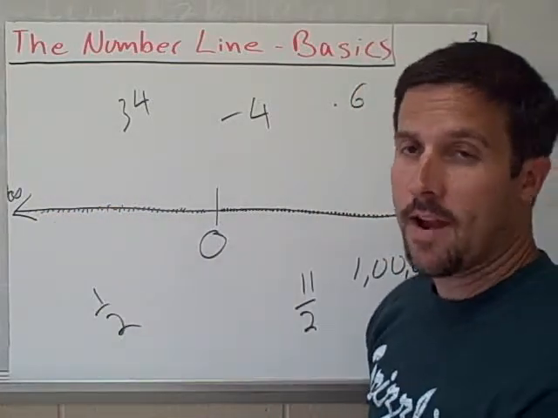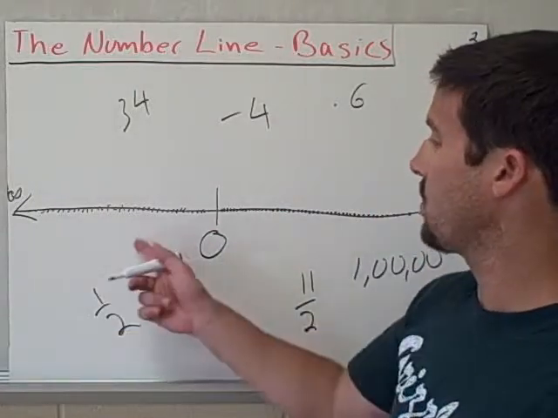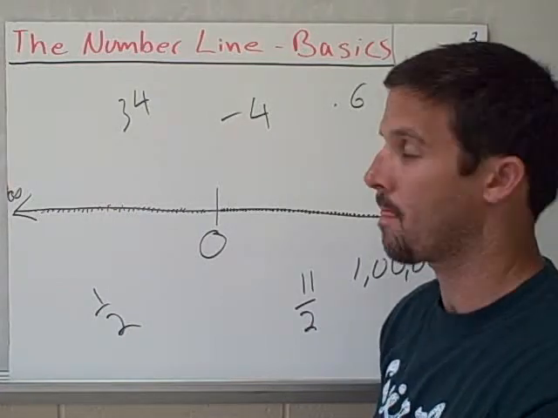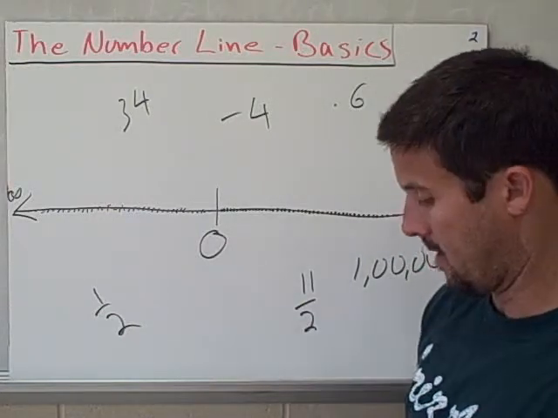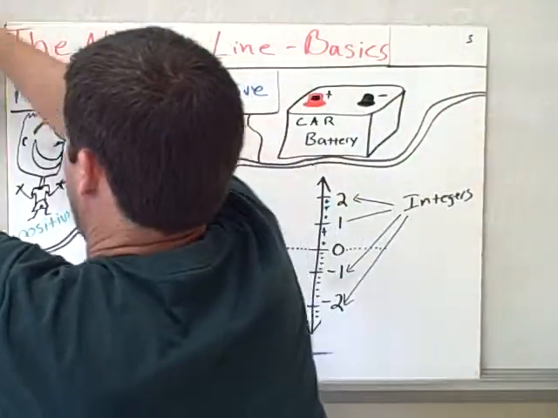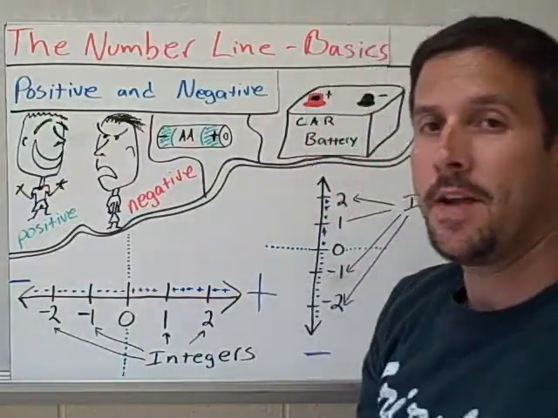That's a big number line. In fact, it could just go on forever, like I said. But the difference between the two sides are what I'm going to talk about next. Okay? So there's the basic number line. Now let's talk about what each side means.